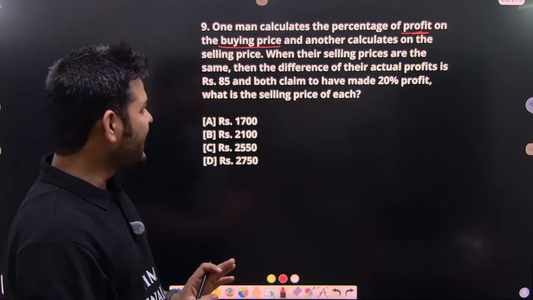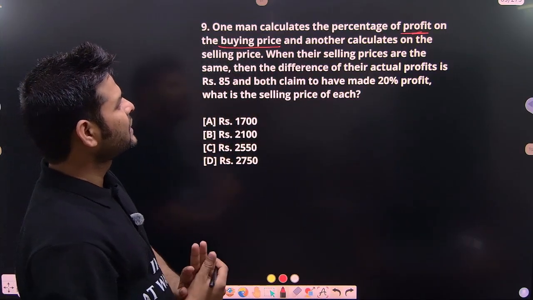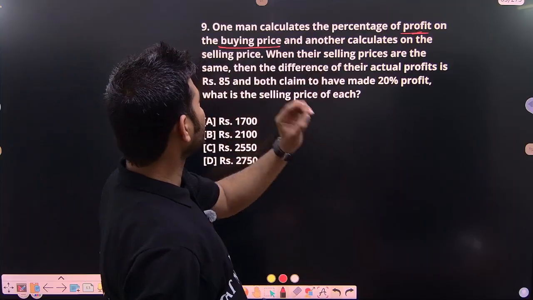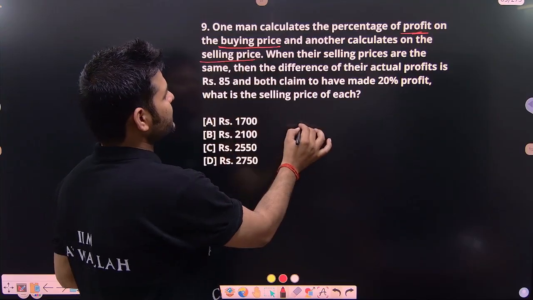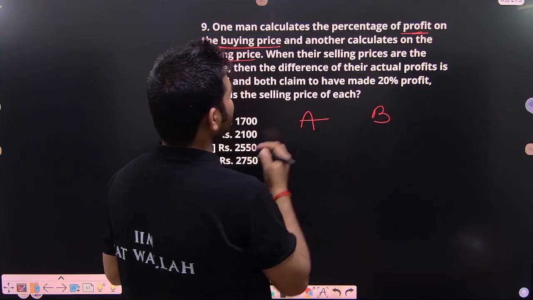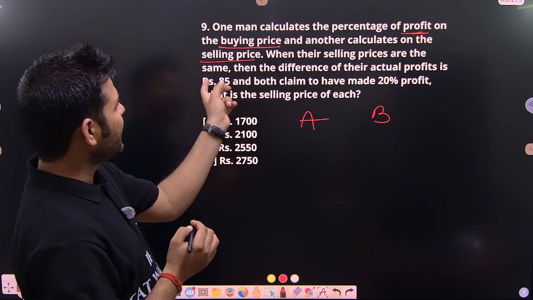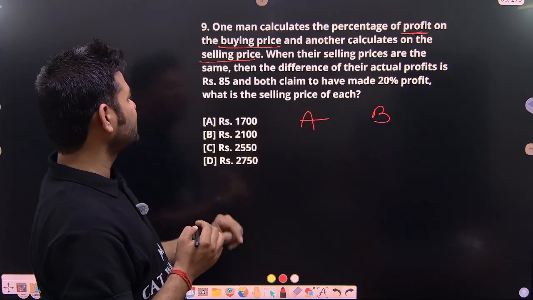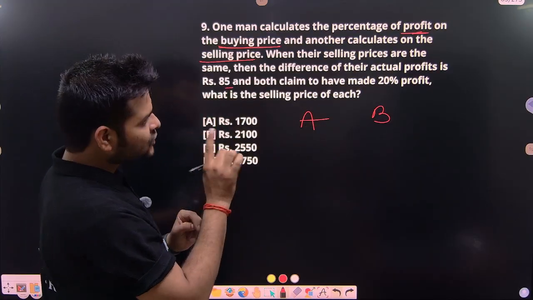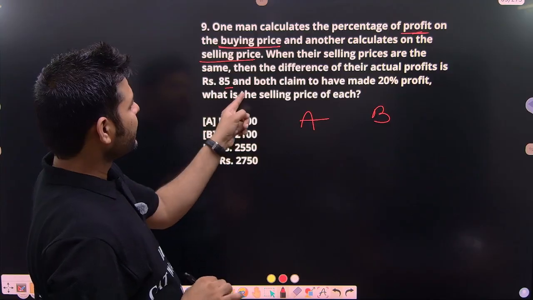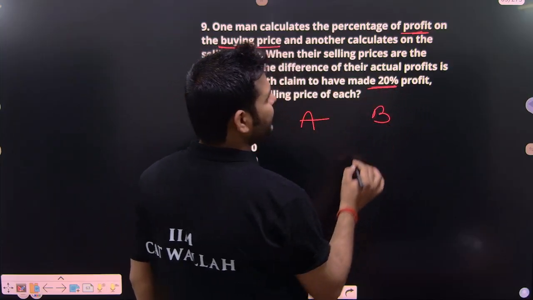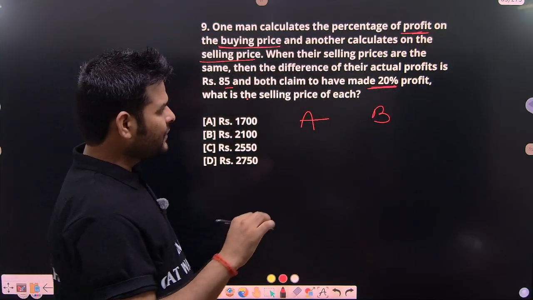In that scenario, one man calculates the percentage of profit on buying price and another calculates on the selling price. So there is one man and a second man. When their selling prices are the same, then the difference of their actual profits is this many rupees, and both claim that they have made 20% profit.